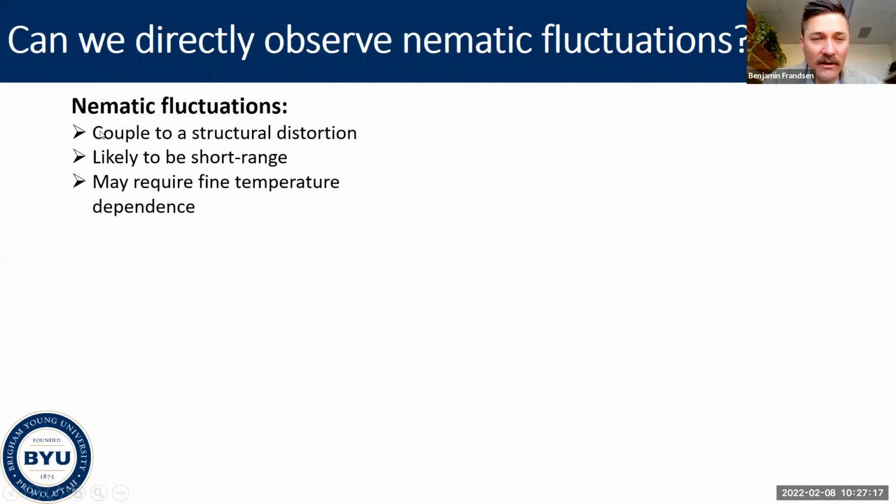So these nematic fluctuations, we know that they couple to a structural distortion, right? Because this nematic order shows up as a structural distortion. They're likely to be short-ranged, and we probably need a detailed, fine temperature dependence to nail down at what temperature these fluctuations appear and so forth.